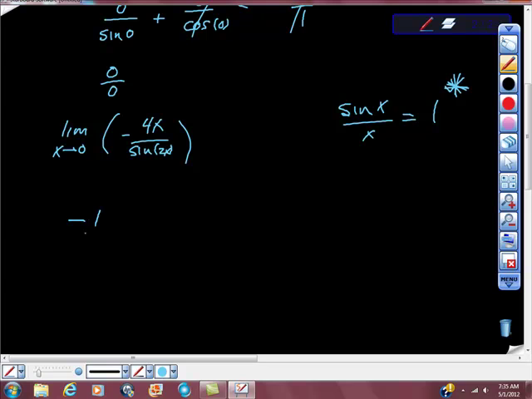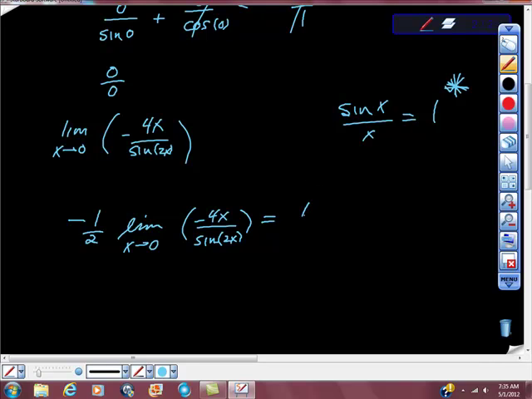So we're going to do this. We're going to take negative 1/2 times the limit as x approaches 0 of negative 4x over sine of 2x, right?